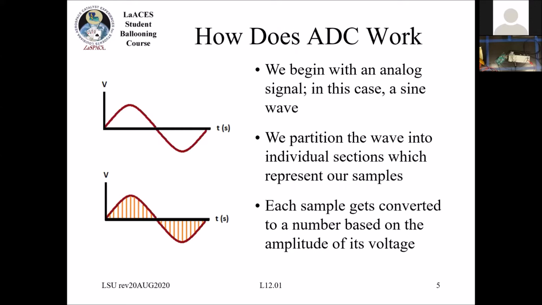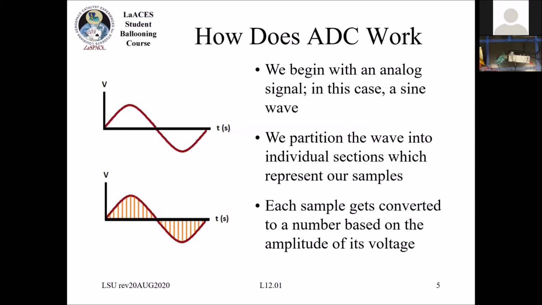So how does this work? This is sort of a cartoon picture of it. What you have on the top there is just some voltage that's varying with time. In this case, it's just a sine wave, but it could be anything. So what happens then is basically you sample it in each of those individual little sections.